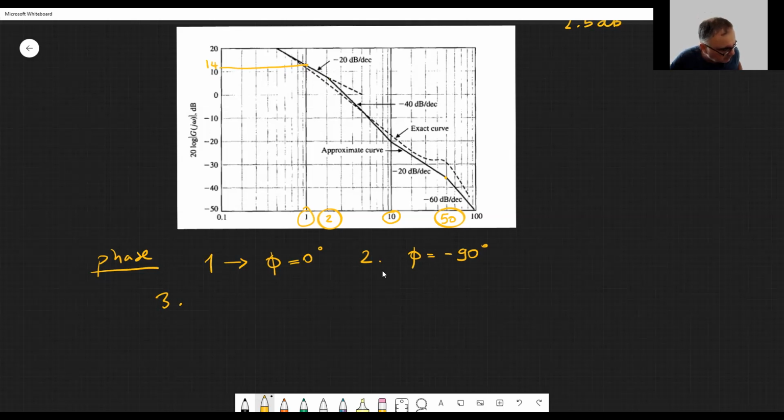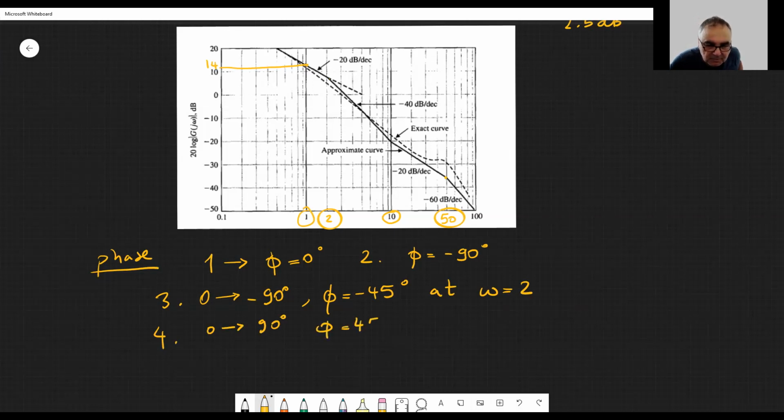The third goes from 0 to minus 90 degrees, phase phi equals minus 45 degrees. The fourth is 0 to 90 degrees, phi equals 45 degrees at omega equals 10.